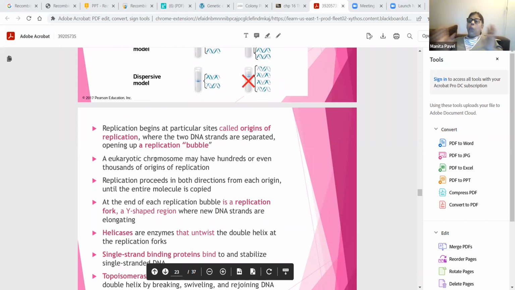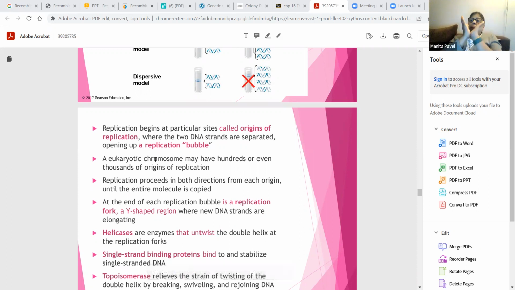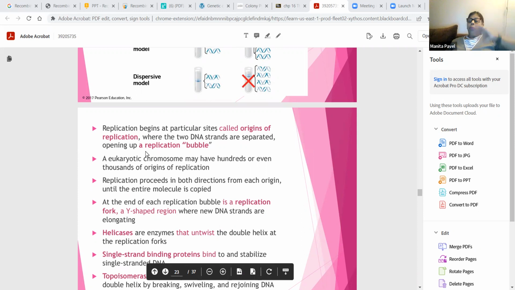Now, just to put into perspective, I explained replication very easily, but you have what we call the replication bubble, where the DNA strand opens up. That's the origin of replication, where the two DNA strands are going to separate out.